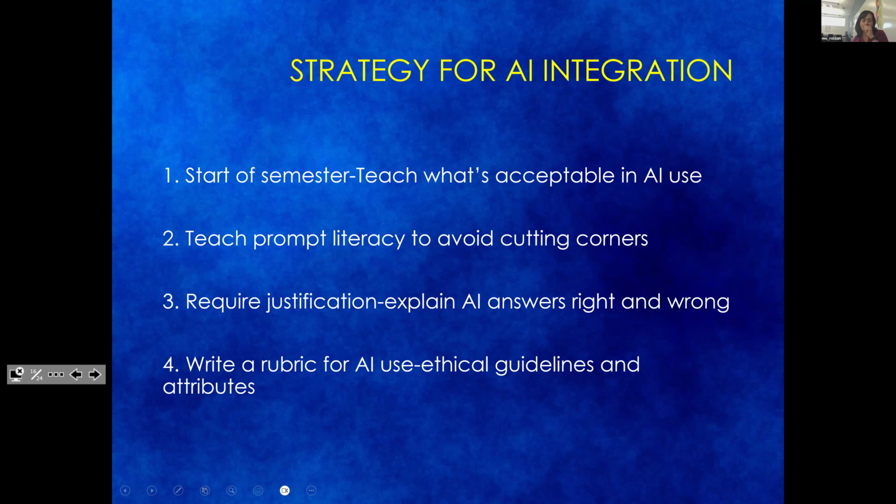Also, require justification. So explain where the AI answers are right and wrong and have the students explain it. Why is this wrong? Why is this not something that we would do in that way? And finally, have a rubric for AI use with ethical guidelines written and of course the attributes.